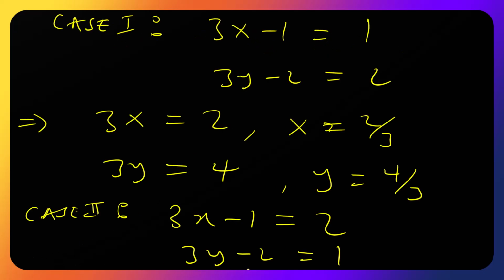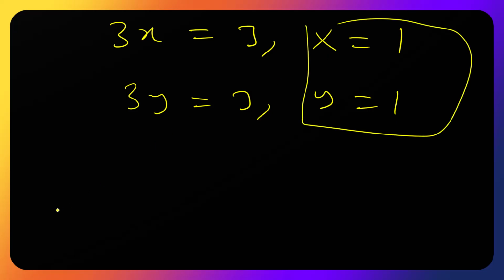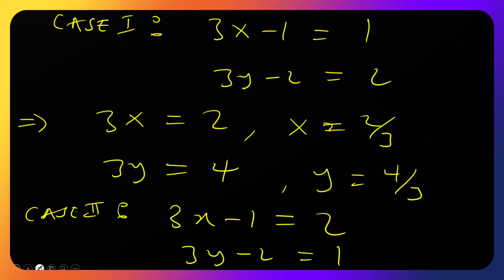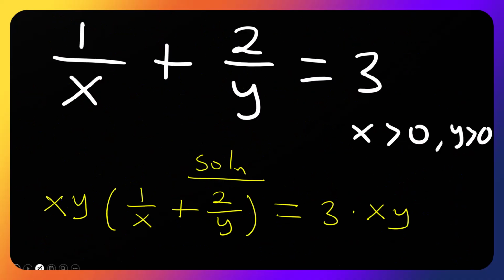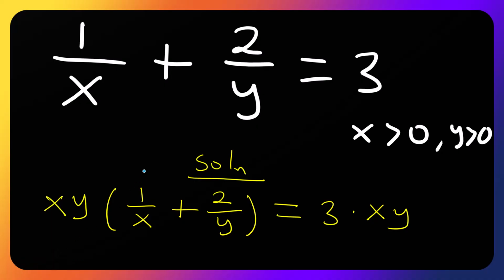And this side, 3y equals to 3, y equals to 1. So these are the solutions. Now let's see if they will satisfy the equation. When x is 1, 1 over 1 is 1, 2 over 1 is 2, so that will be 3. So x equals to 1, y equals 1 satisfies the equation.